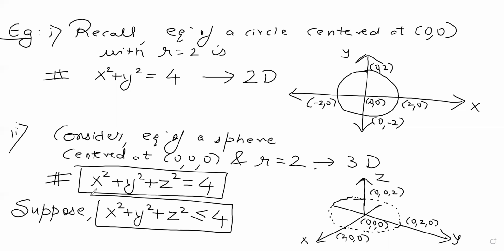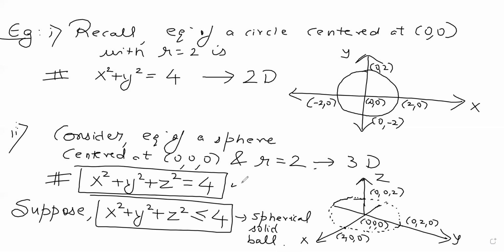So again, if you imagine, it's going to look like a spherical ball. You can think of this as the equation of a spherical solid ball, because it will also include all the area inside the boundary, which you can think of as the mass of the ball.